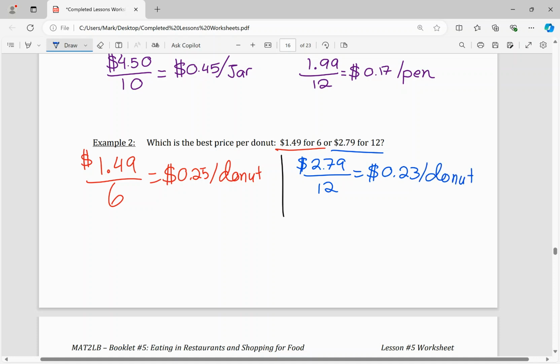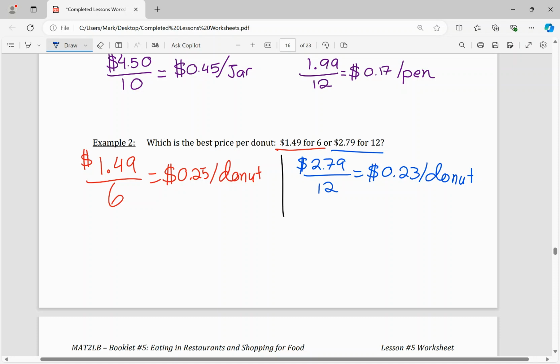So, although it is only 2 cents, technically we are spending less dollars per donut if we buy a pack of 12. As it often is, the larger the bulk you buy in, the cheaper it's going to be per unit. But be careful, that's not always true.